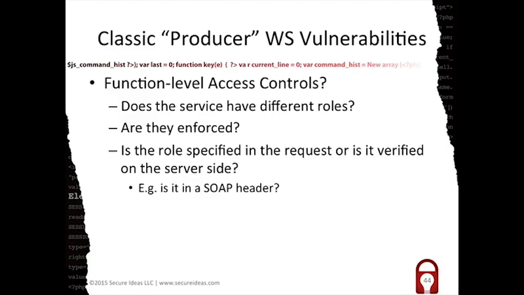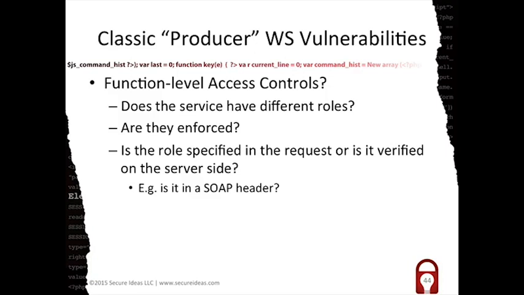So first of all, we'll take a look at, are there access level controls that are necessary? We talked about authentication. We also need to consider authorization. Sometimes there are web services where it makes sense to have multiple different roles, and just doing authentication by itself is not enough. Sometimes it needs to take a step further.